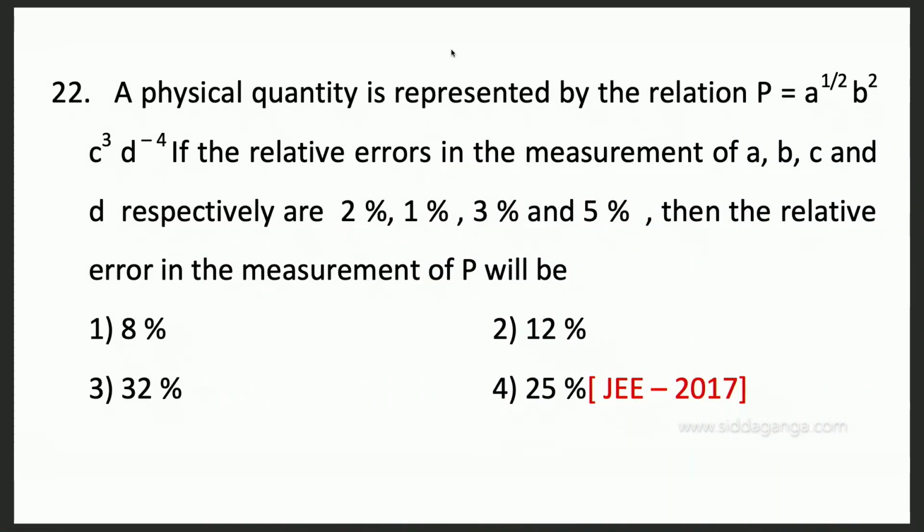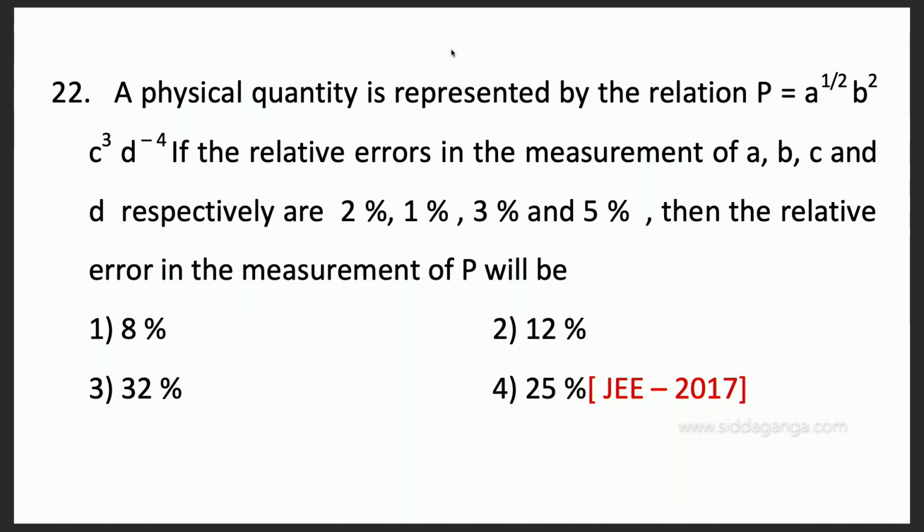Yes, next. A physical quantity is represented by the relation, again it is in JEE 2017, P equal to A to the power of half, B to the power of 2, C to the power of 3, D power minus 4.